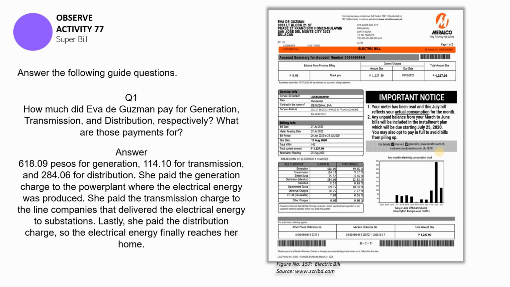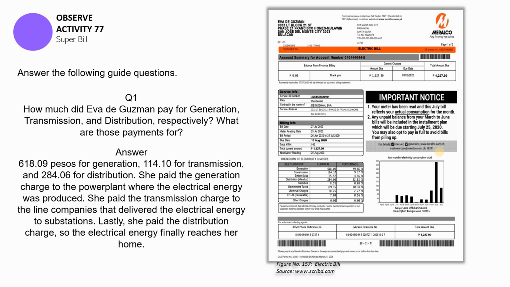She paid the generation charge to the power plant where the electrical energy was produced. She paid the transmission charge to the line companies that delivered the electrical energy to substations. Lastly, she paid the distribution charge so the electrical energy finally reaches her home.